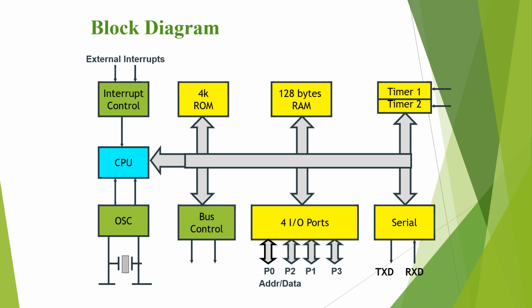There are four 8-bit ports available: P0, P1, P2 and P3. In the case of 8051, the ports are used for multiple functions. That means they are not used only for IO operations; they can be used for other operations also. So this is the block diagram of 8051.